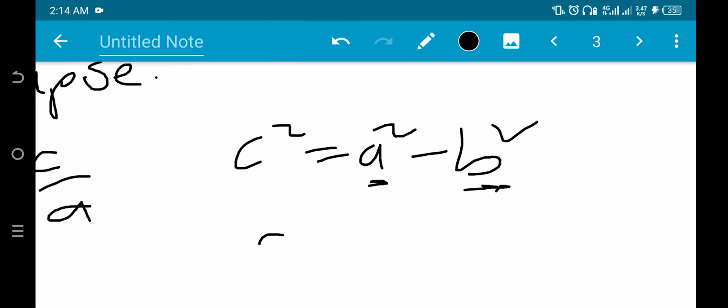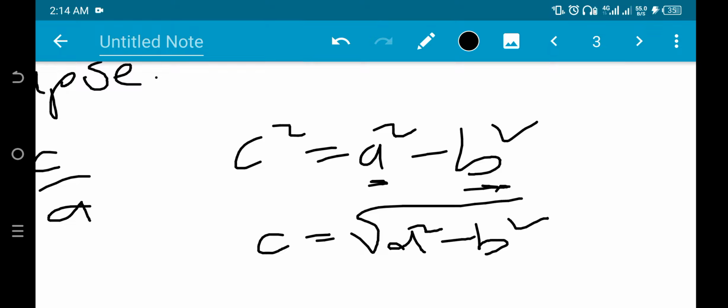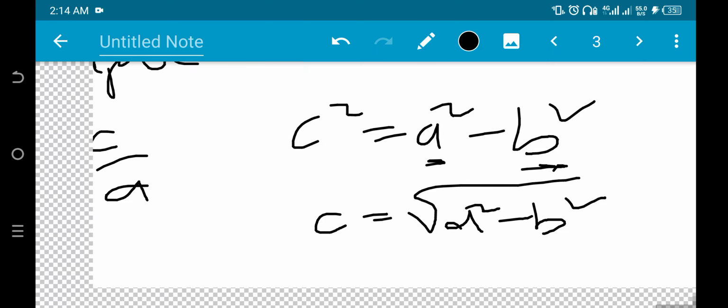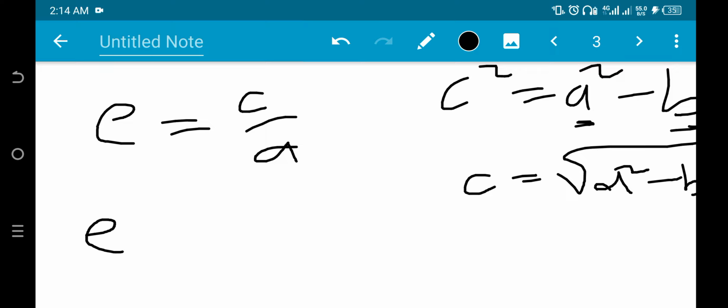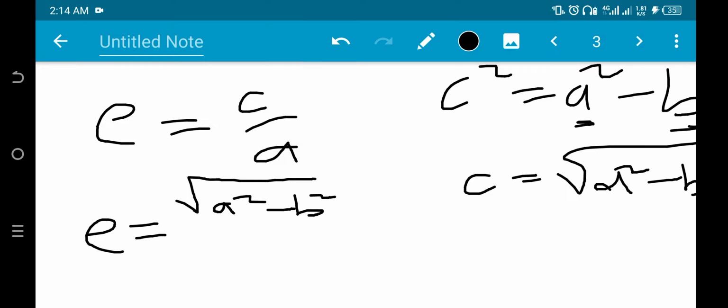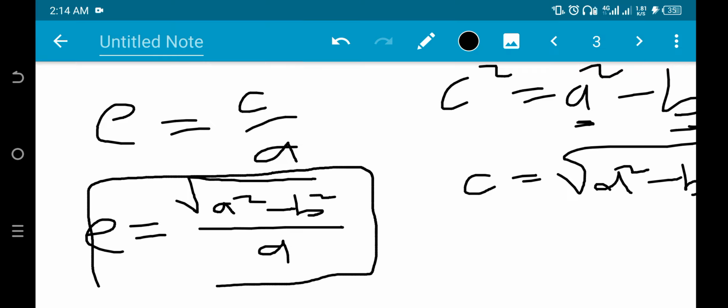And c will be the root of a squared minus b squared. So this can end up being written as the root of a squared minus b squared over a. This is the mathematical definition. So now we can be asked questions.